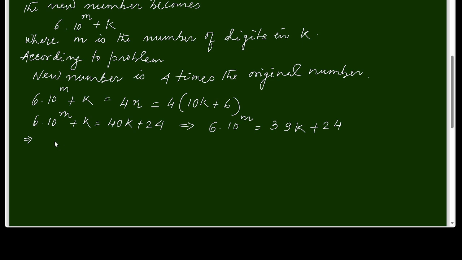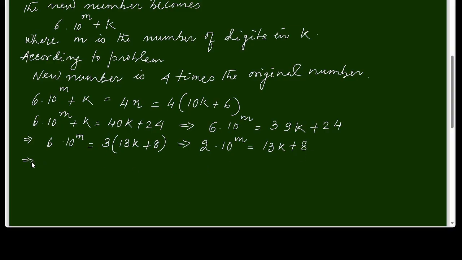This will be 6 into 10 to the power m equals 39k plus 24, dividing by 3, 2 multiplied by 10 to the power m equals 13k plus 8.